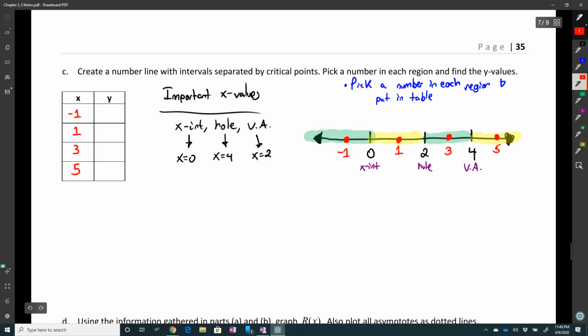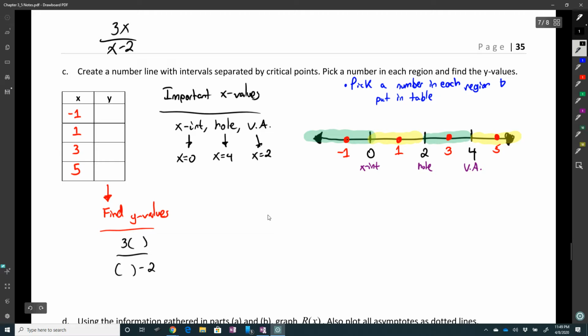Now all I got to do is find the y values. So my equation is just 3x over x minus 2.